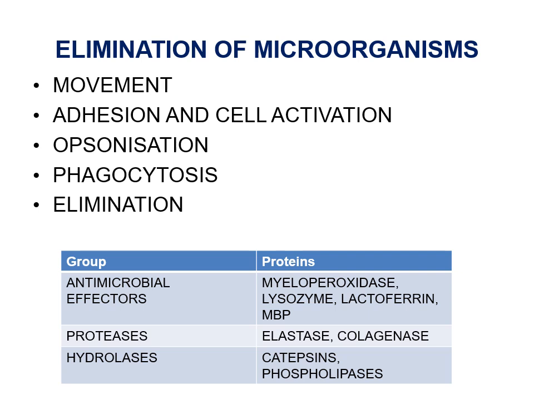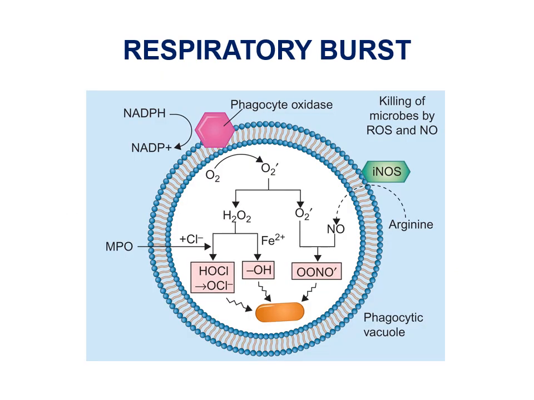For instance, we have antimicrobial effectors like myeloperoxidase, lysozyme, lactoferrin, and others we already talked about. Then proteases like elastase, collagenase, and hydrolases like cathepsin, phospholipases, and others. What is respiratory burst?